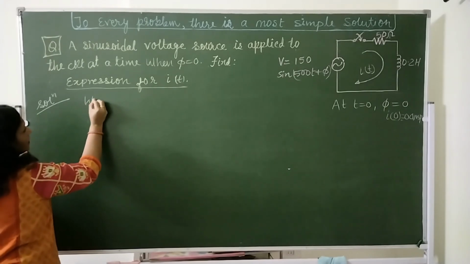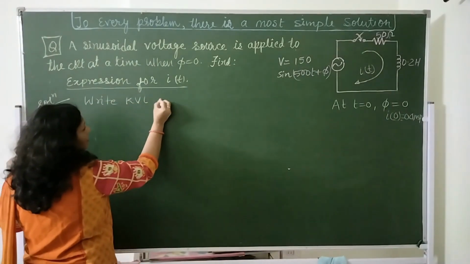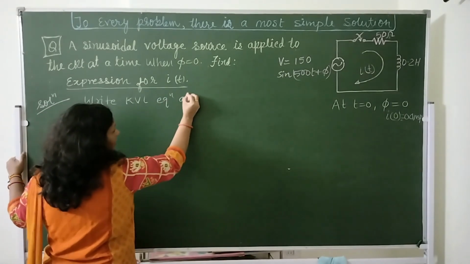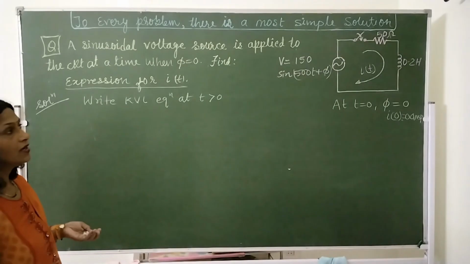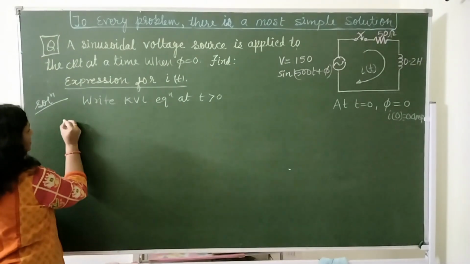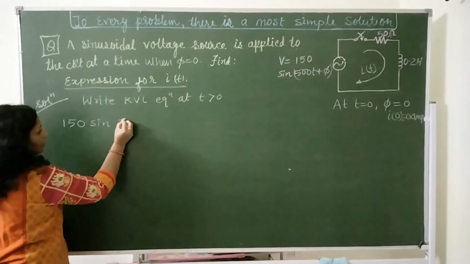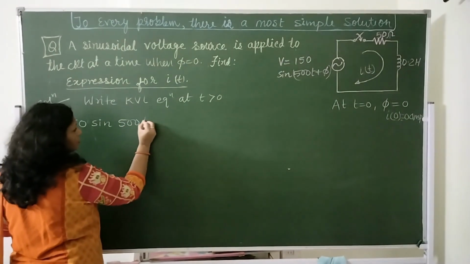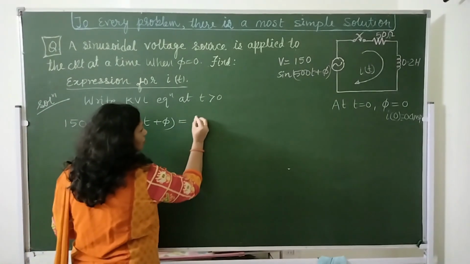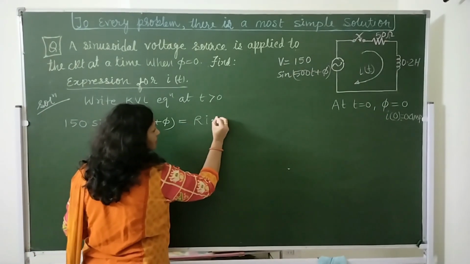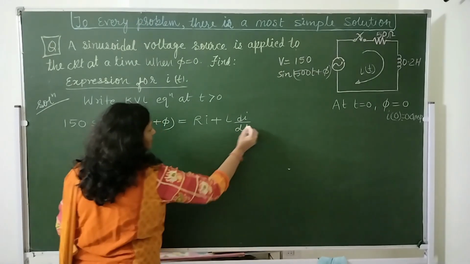Now write the KVL equation at time t greater than 0, when the switch is closed and this voltage is connected. The value of voltage is 150 sin(500t plus phi), which equals the drop across resistance plus the drop across inductance.